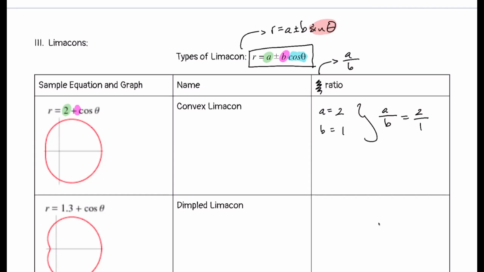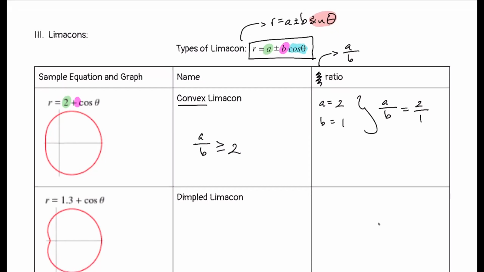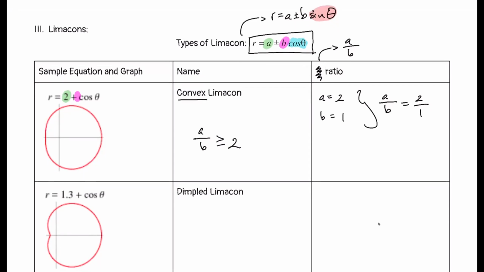So when we have this ratio of A over B, and that is greater than or equal to 2, okay, that ratio could be 2, it could be 2.5, it could be 10, it could be 100, but whatever that ratio is, if it's bigger than 2 or equal to 2, then what you'll get is a convex limaçon.